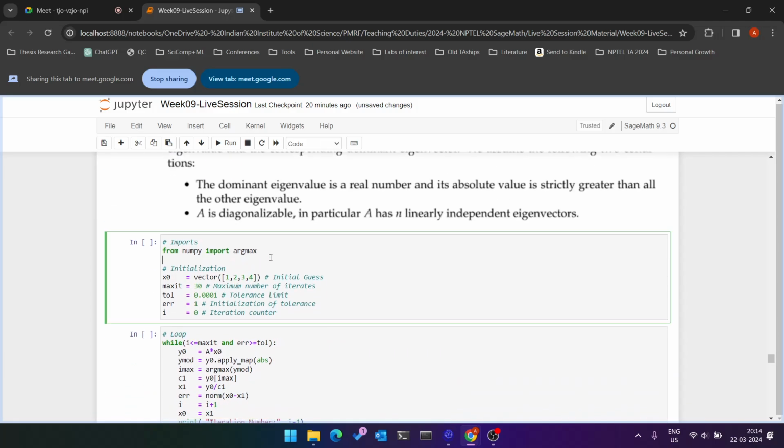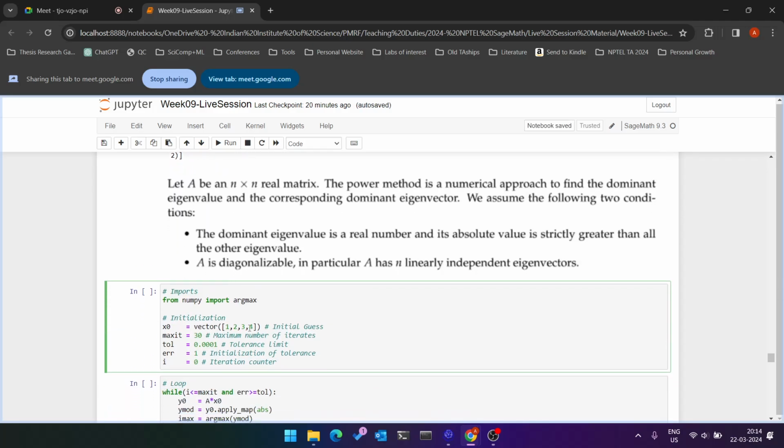So if I have to go through this, I'll be running an import where I get the argmax function from the numpy library, whose whole deal is to get me the index at which the value in the array is maximum.